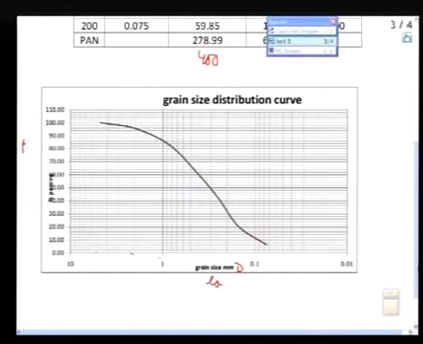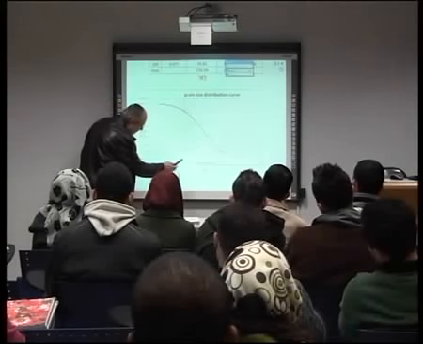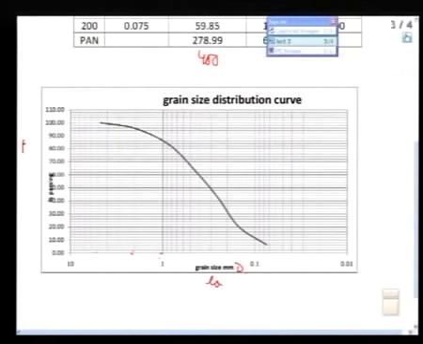So the first one is number 4, which is 4.75. Look, 1, 2, 3, 4. This is 5. So 4.75 is somewhere here.